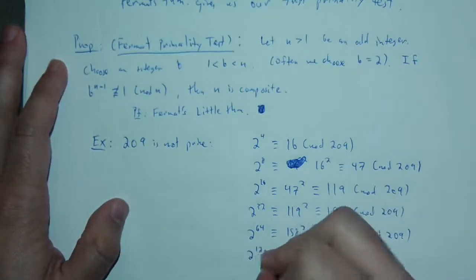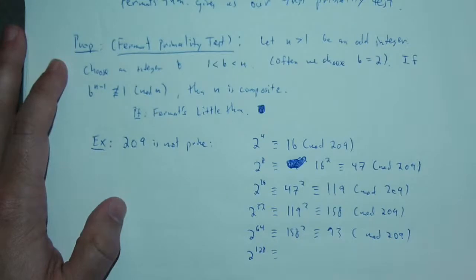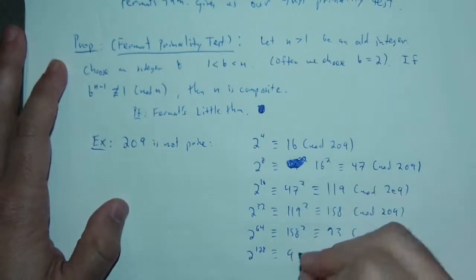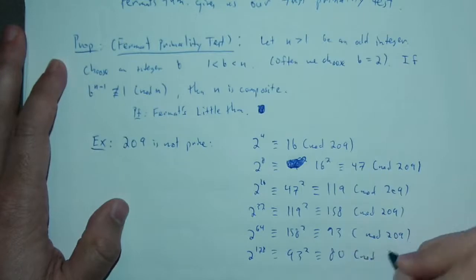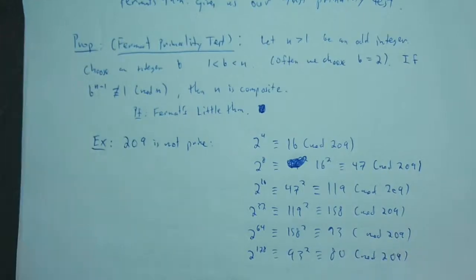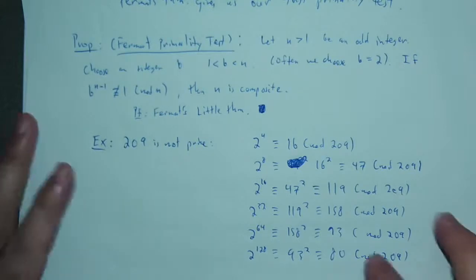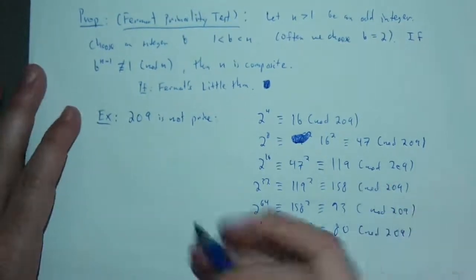And lastly, 2 to the 128 is 93 squared, which is 80 mod 209. And that's the biggest I need, because the next one will be greater than 208.